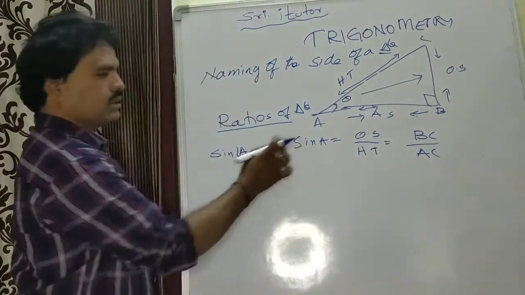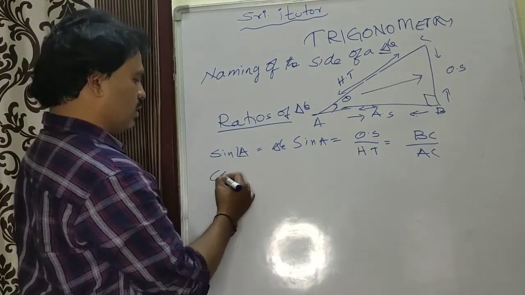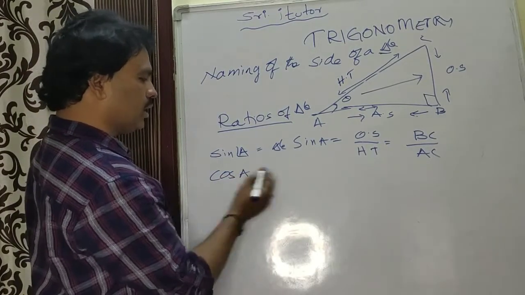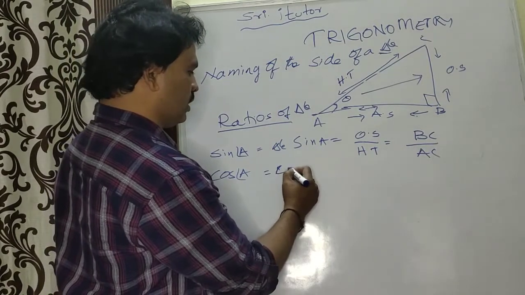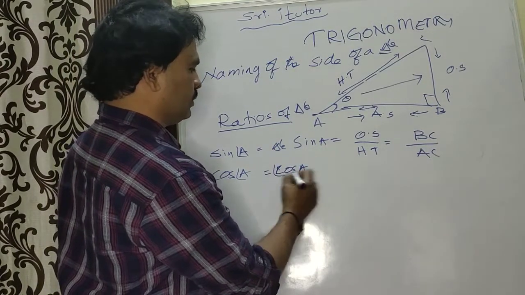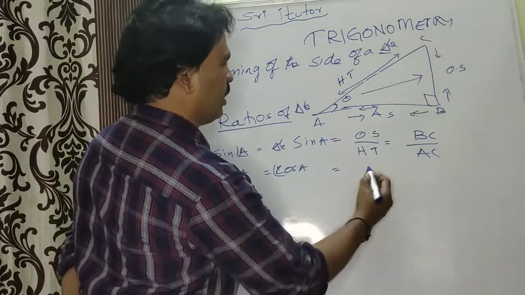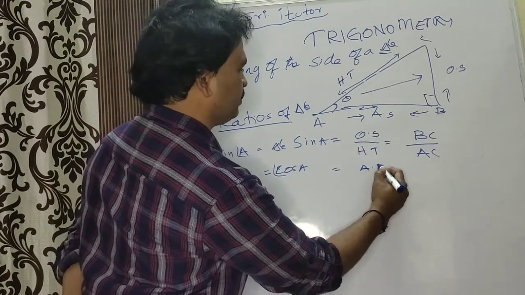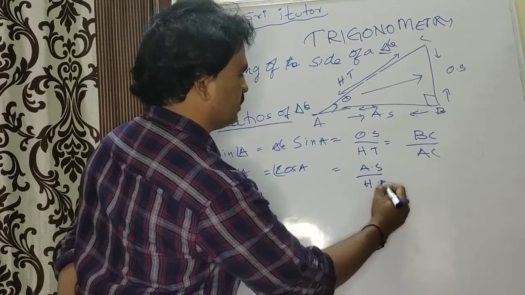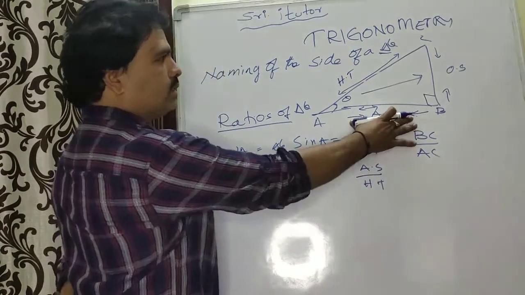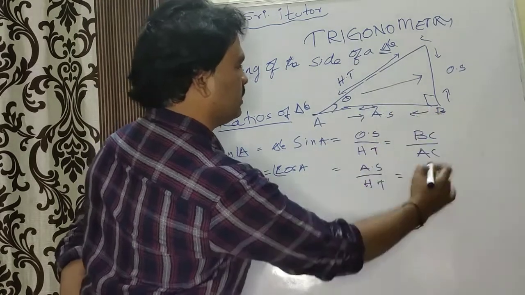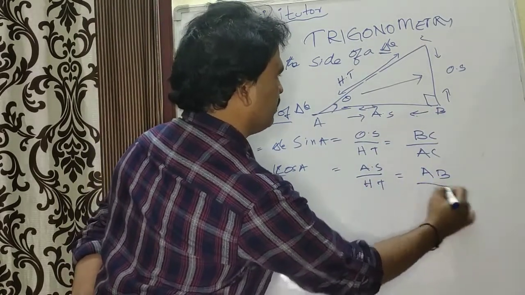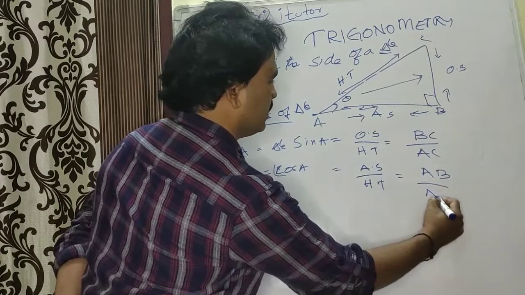This is called sin A. Now cos A. Angle cos A is adjacent side by hypotenuse. Adjacent side is AB, and hypotenuse is AC.